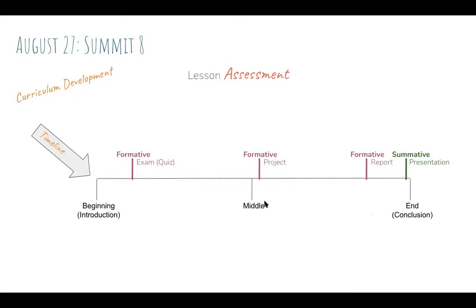So for example, a timeline for a lesson could be, you could have a quiz at the very beginning, and then you could have a project for them to work on during the middle of your class, and then you could have some sort of very short, small report, like speaking or writing something down to reinforce maybe something they didn't get, and then a presentation at the end. So that's just an example of a way to map out a lesson and when to assess.